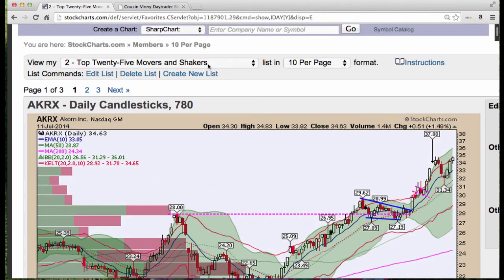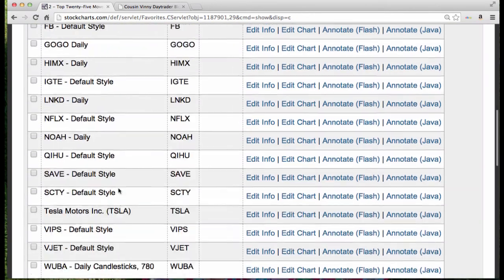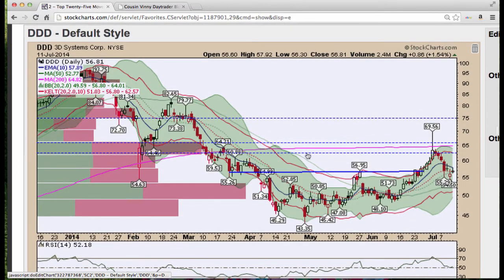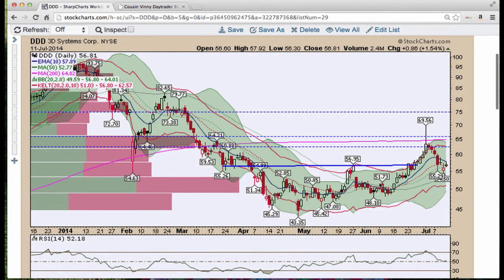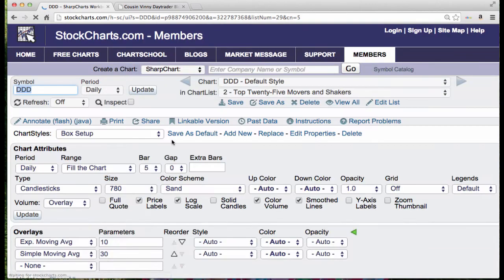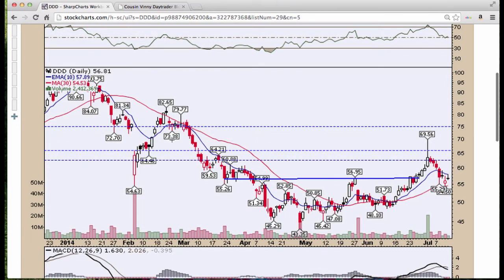So let's take a look at this list and look at Triple D. We can see that it pulled back to a breakout area here. If we look at the box setup on this particular company, we got a downtrend line here. We have phase 4, distribution, phase 1, moving sideways, basing, accumulation.